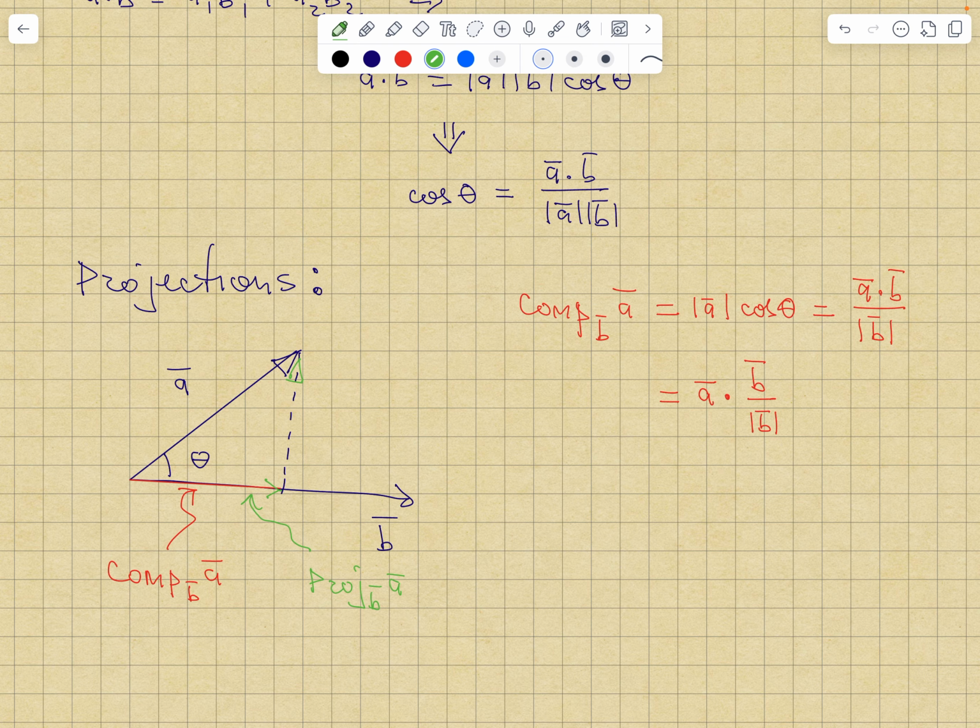And let's see, so for the projection of A along B, we know already that its length is the same as comp A along B, right? So the length of this vector is known.